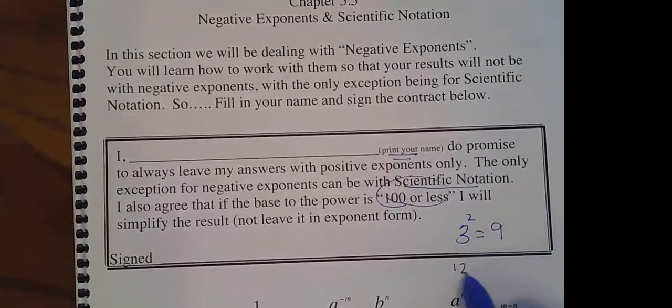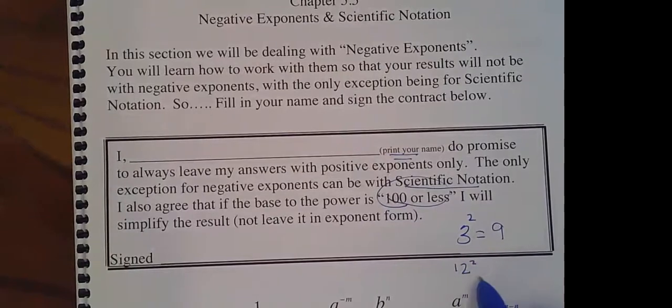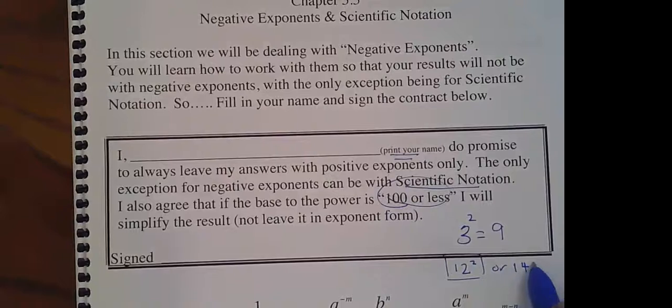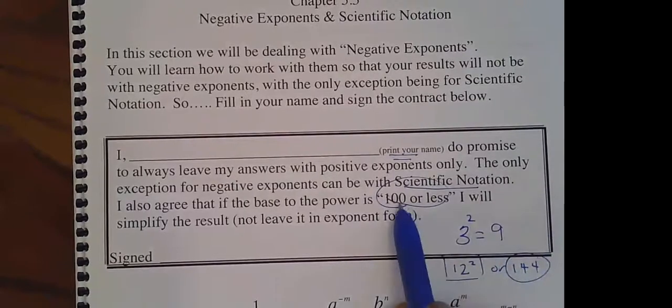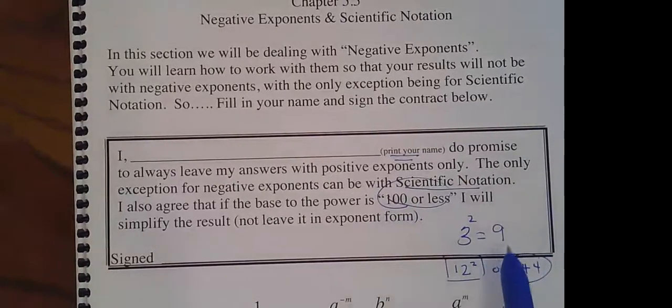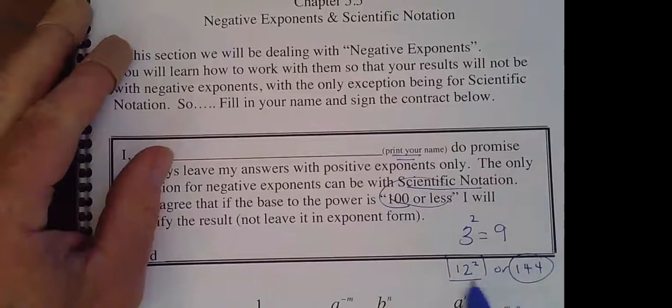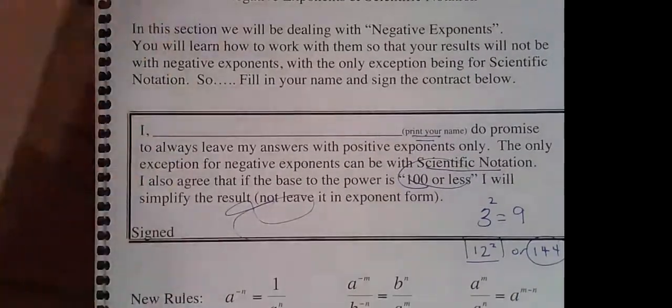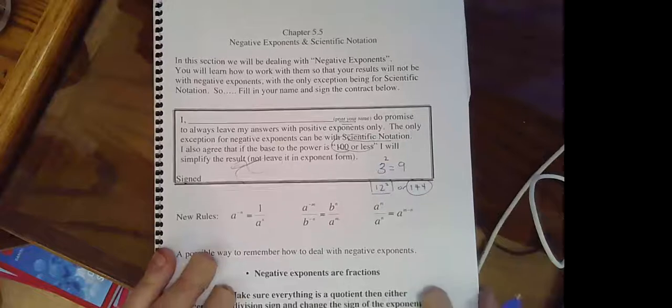Versus if you have 12 to the second, you could leave it as 12 to the second, or you can make it 144. Anything that's 100 or less, I have to have 9 in this case. Otherwise, I have a choice. So you sign your name and start trying to do the problems.